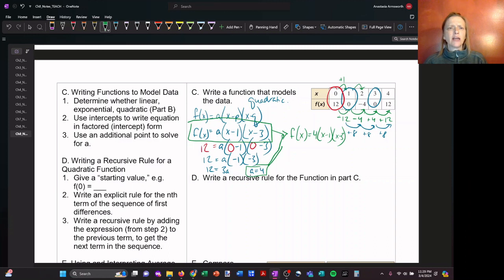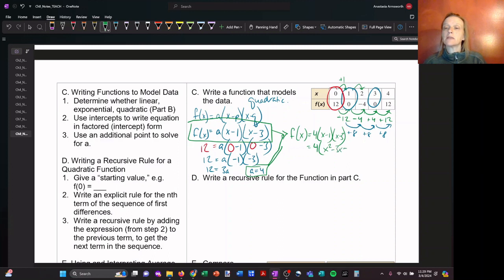It wasn't actually stated whether I needed to write this in standard form or not, but it's good practice to try to write it in standard form. So I'm going to leave my 4 outside the parentheses for now, and I'm going to multiply the two polynomials together. X times x is x squared. X times negative 3 is negative 3x.